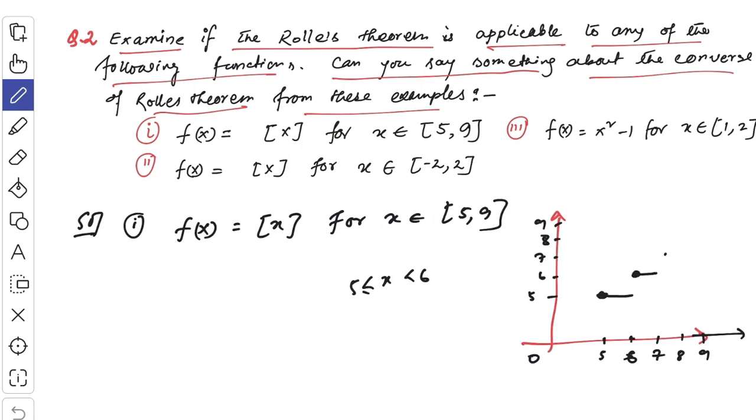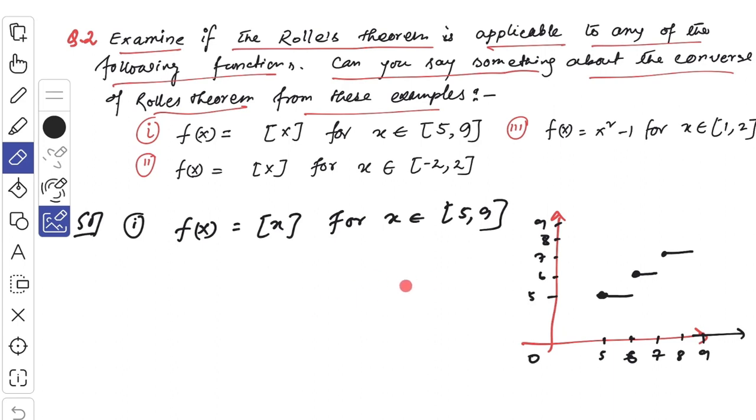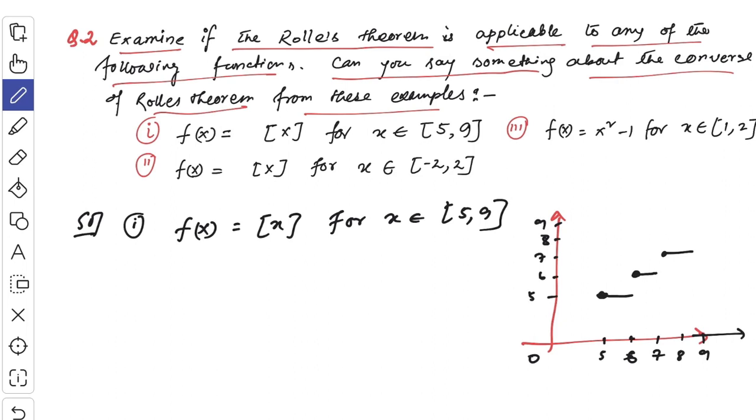So we will get this kind of graph. From the graph it is clear that it is not continuous. If it is not continuous, then we are not going to check whether it is differentiable or not. So if it is not continuous, then Rolle's theorem is not applicable.